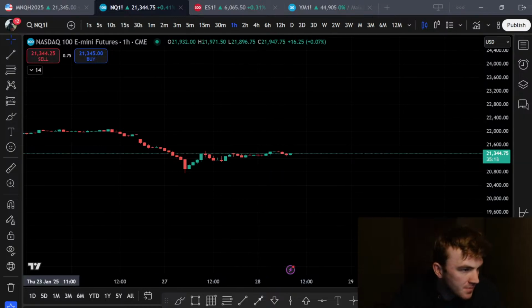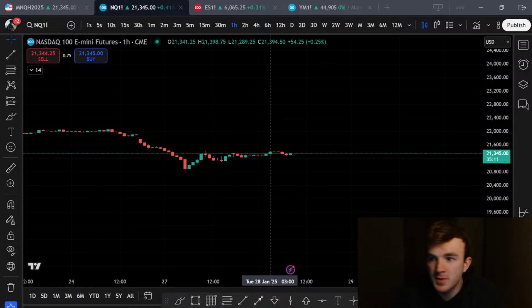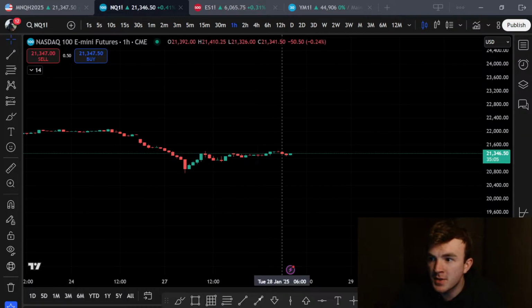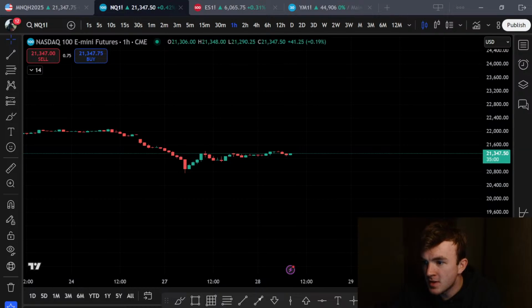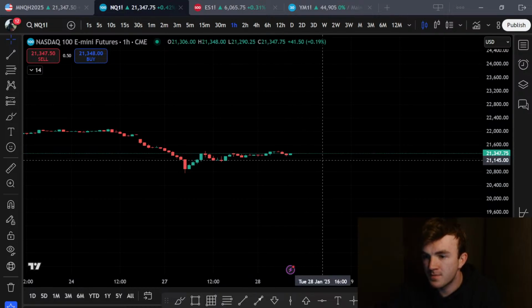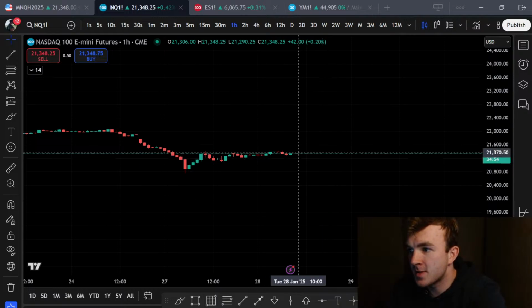Let's see. Did we get any bullish SMTs? We ended up getting bullish SMT here. So I guess let's mark that out. 5-minute bullish SMT. So maybe we're gonna go higher in the short term, right? Maybe we need to come up and sweep this high again.